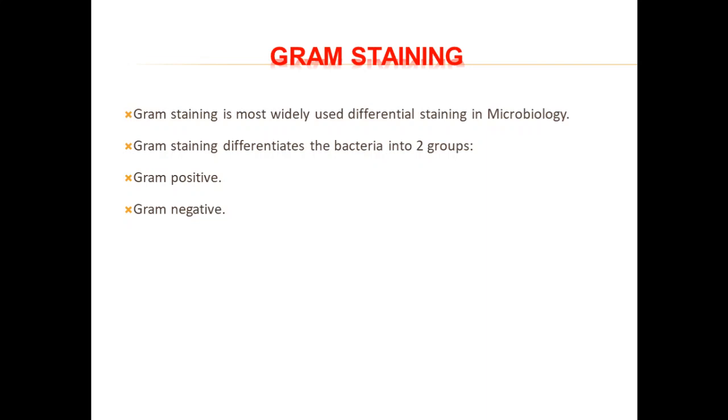Now after simple staining, we have the next important form of staining, called differential staining. One of the most important examples we always study is Gram staining. It is the most widely used staining technique in microbiology to differentiate bacteria into gram positive and gram negative bacteria.